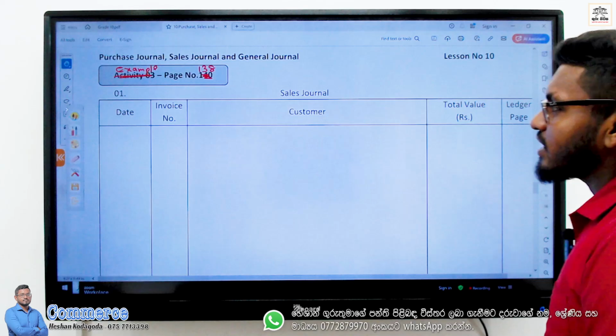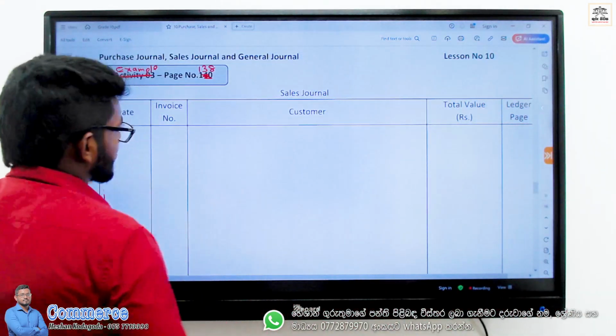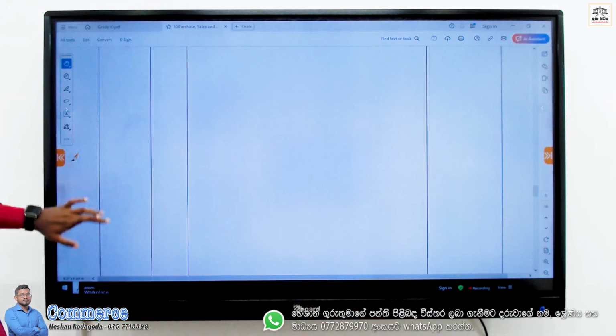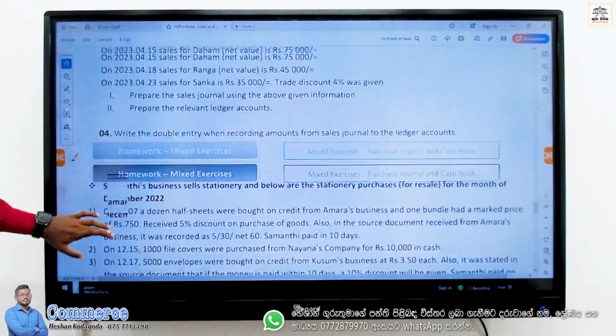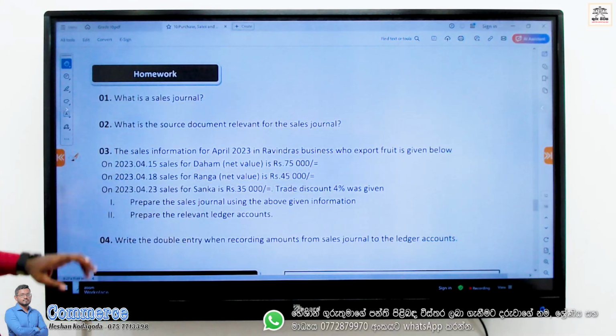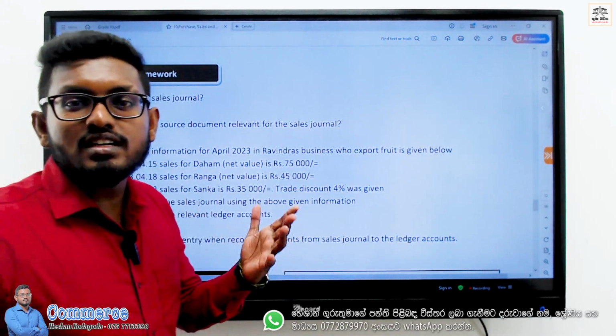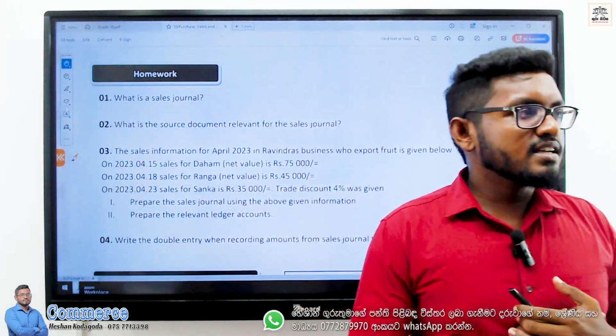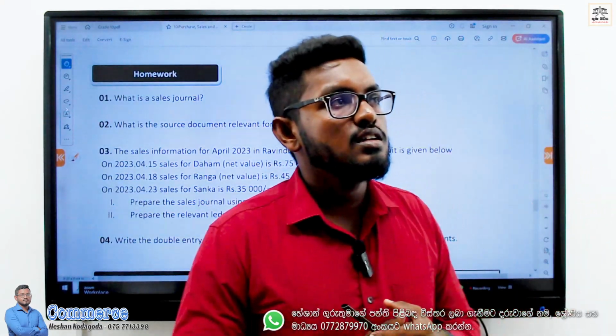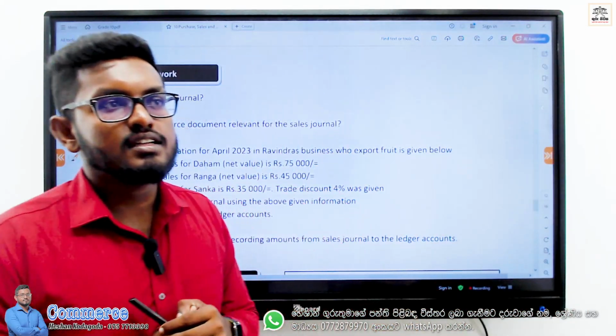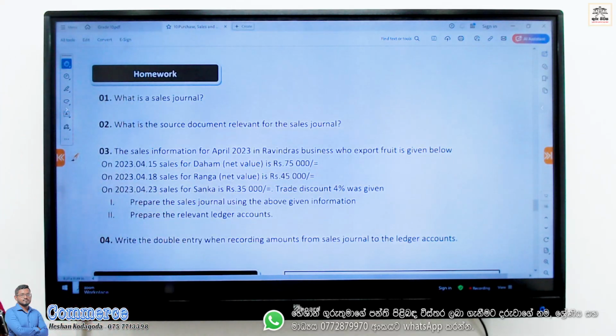Okay, so do this as homework. And there is another homework. What is a sales journal? What is the source document relevant for sales journal? Do these homeworks. Write these transactions.